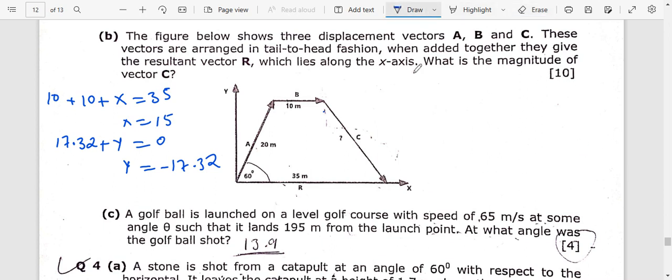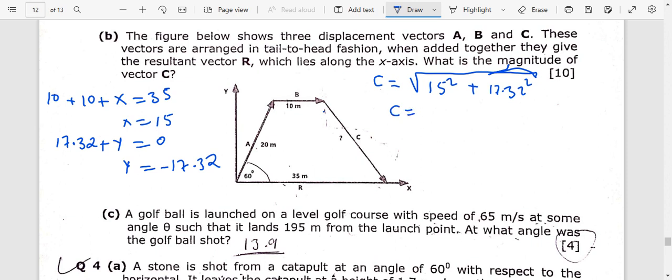The magnitude of this vector, this is vector C, remember, is going to be the square root of the x component we've been given, that is negative 15, which I can just say 15. Whether negative or positive, squared, it will always be positive. Please, can someone punch this on the calculator?